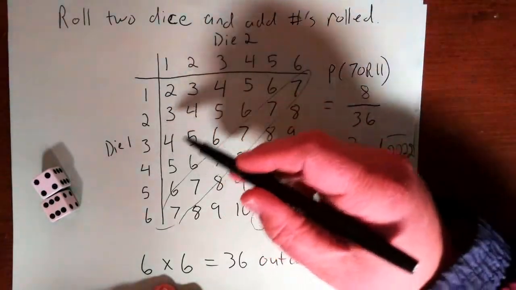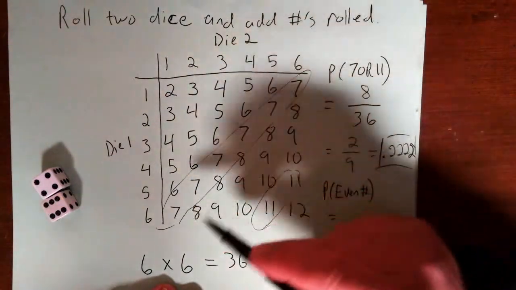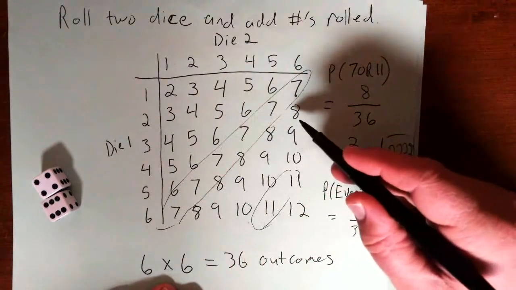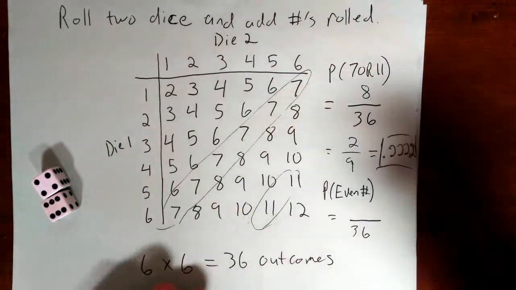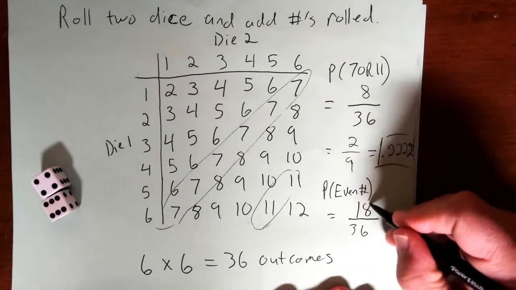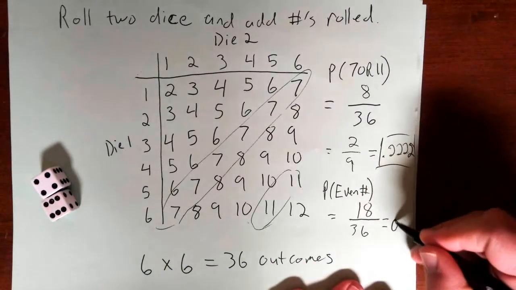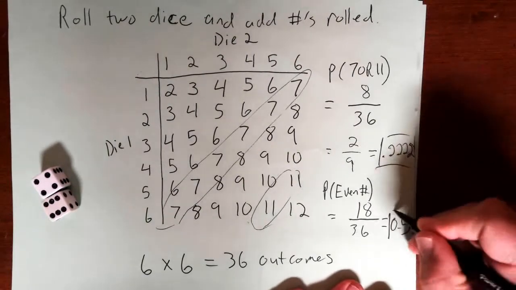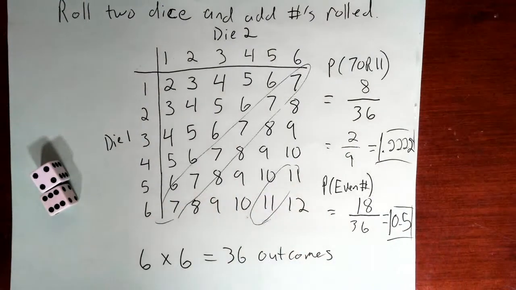So 1, 2, 3, 4, 5, 6, 7, 8, 9, 10, 11, 12, 13, 14, 15, 16, 17, 18. 18 of them are even. Okay? And that is actually 0.5. So in this case, you still have a 50-50 chance of rolling an even number. But that was not at all obvious.